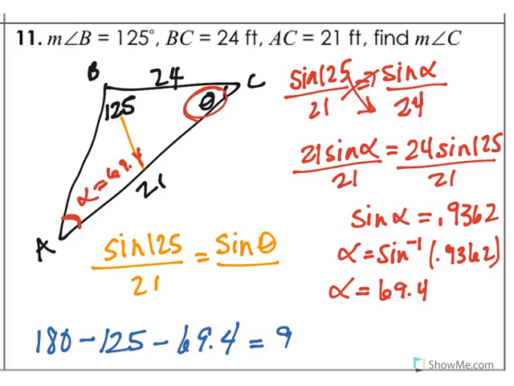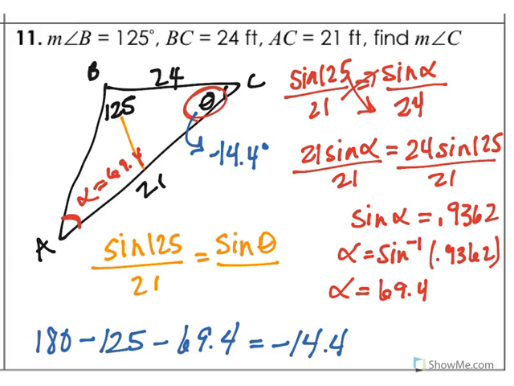So 180, I'm doing this in my calculator, is 95.6. Just kidding, that's not true. I didn't put it in my calculator right. Let me try this again. 180 minus 125 minus 69.4 is negative 14.4. So problem here, you can't have a negative measure for an angle.